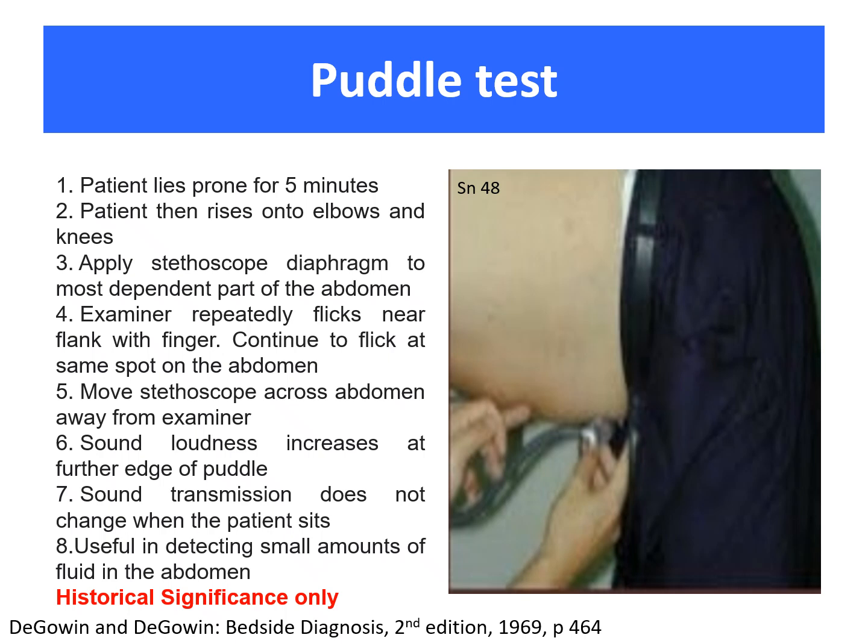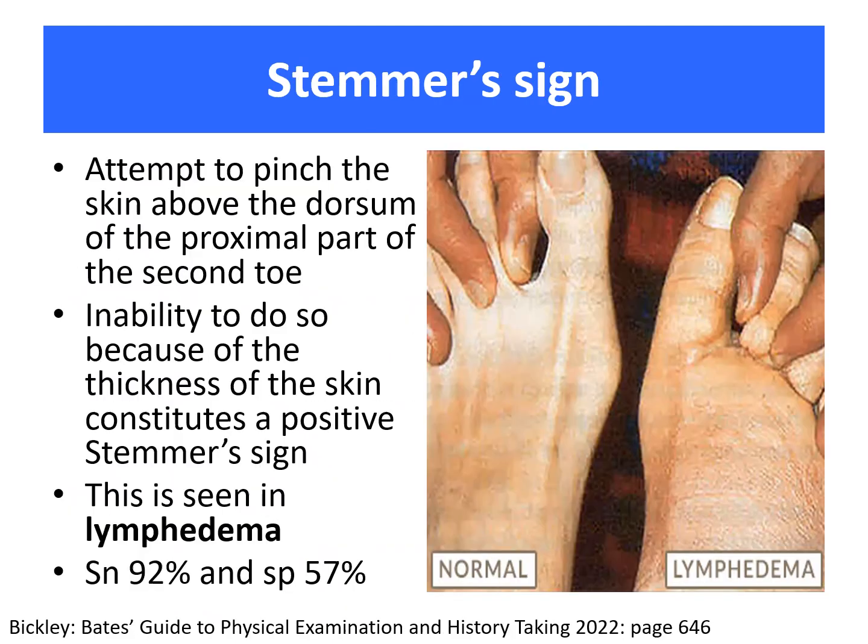Puddle sign is not present in intestinal obstruction, generalized peritonitis, ruptured appendicitis, or any of those things. It is a test for ascites that is seen commonly in cirrhosis. But as I said, it's only of historical significance.